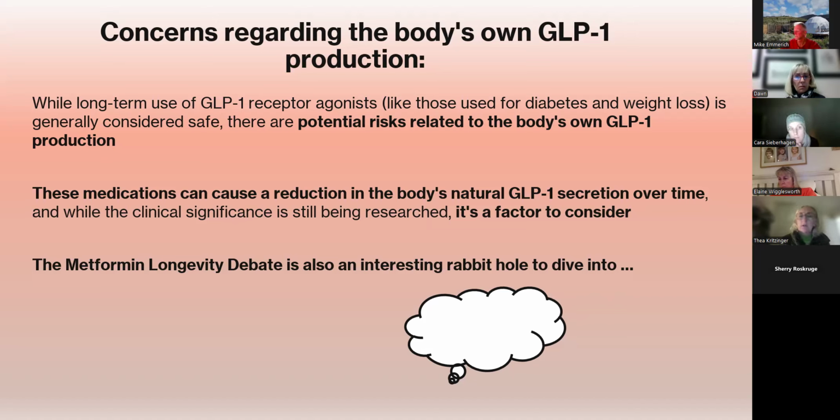Mike? Yes. Can we just quickly go back to what you said, using it in a short term? Yeah. So, for instance, a person wants to lose weight, but there is a holistic approach. Yes.